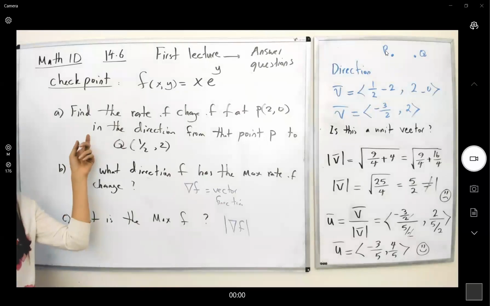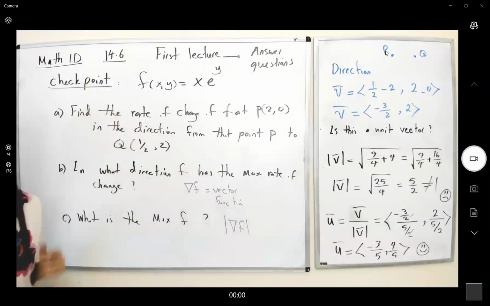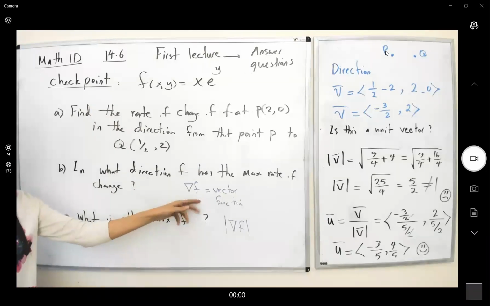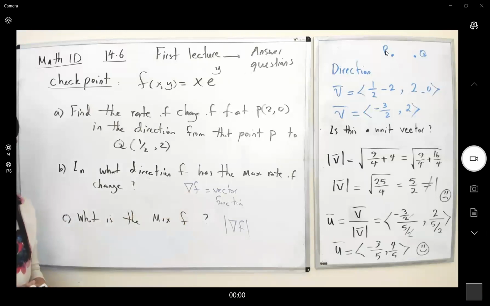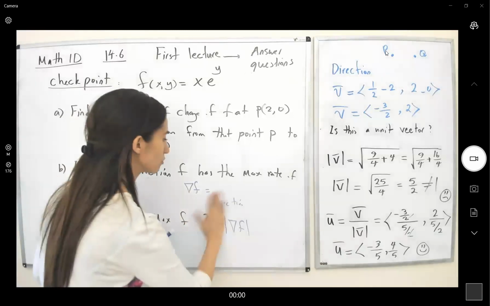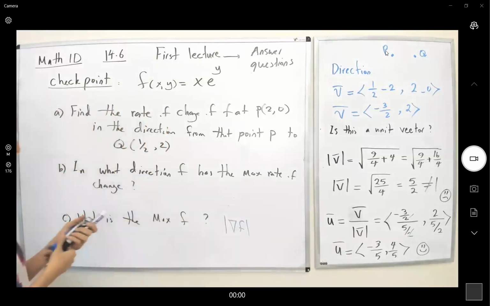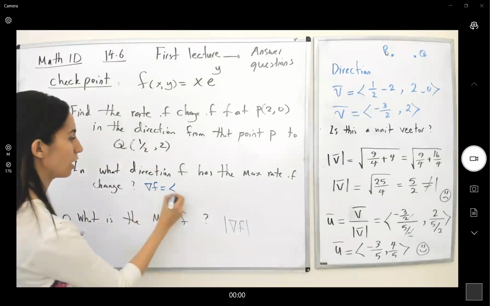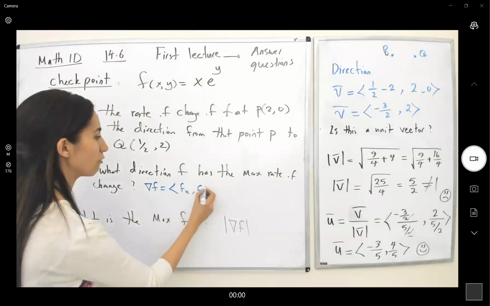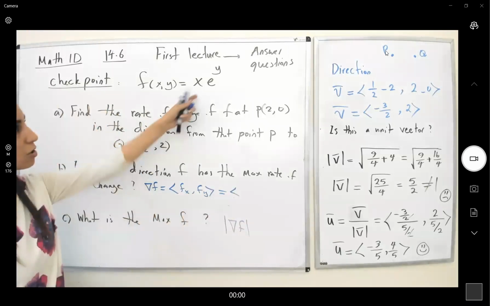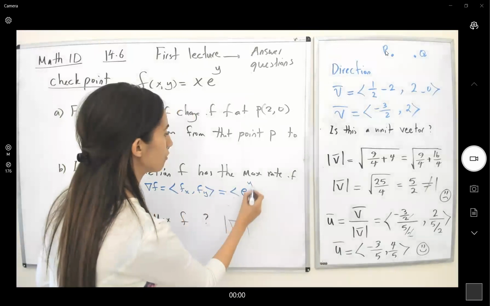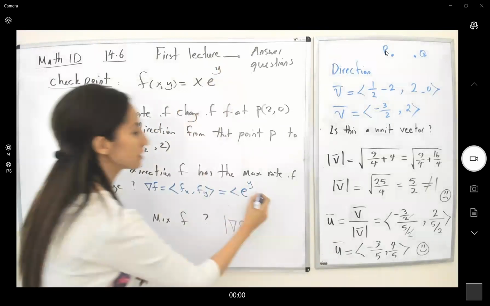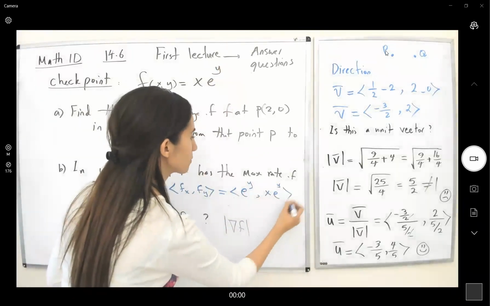So we are still on part A. We just found our unit vector. Okay, to make it easier, I'm going to find the gradient, which is a vector function, first. So the gradient is equal to (f sub x, f sub y), where f sub x is just e to the y, and f sub y is x e to the y.